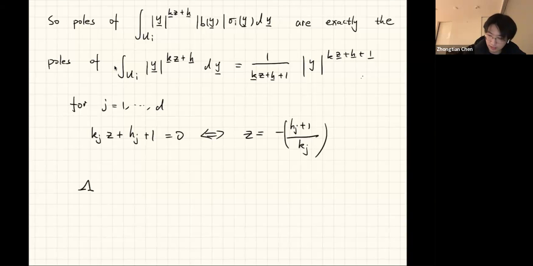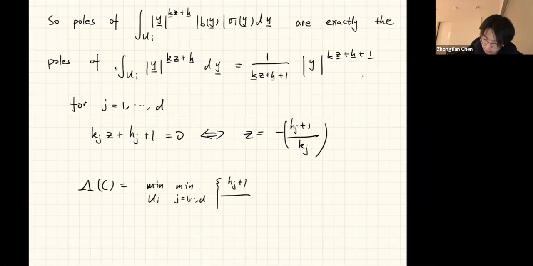So RLCT will be, because there's a minus sign, so we take the minimum. On each of these charts, we can compute the numbers k and h, and then we take the minimum. Then we do this for each of these U_i, then we take the minimum over all U_i.